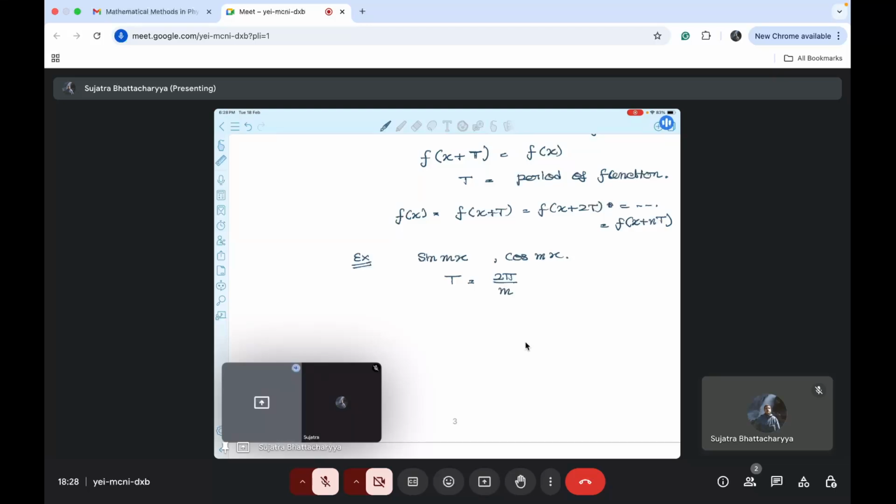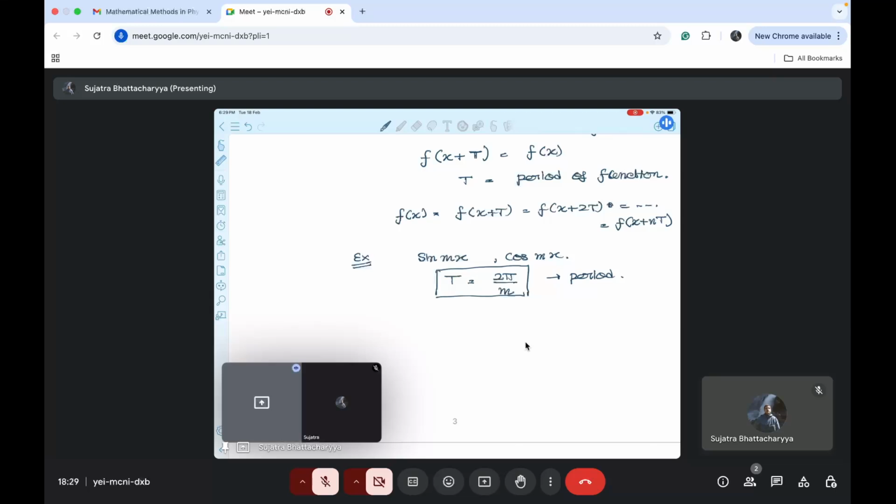We have seen this already in simple harmonic oscillation, where we wrote sin(ωt + φ), and the frequency of oscillation is ω/2π. Just the opposite is the time period, and that is what I have written. Instead of ω, it is n. So this is the period.